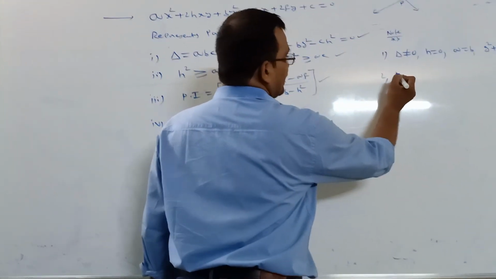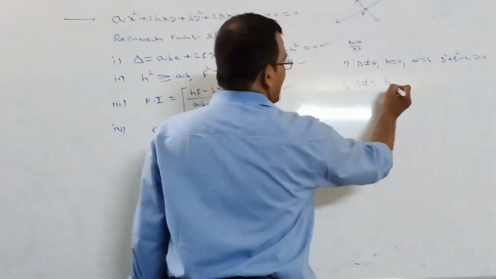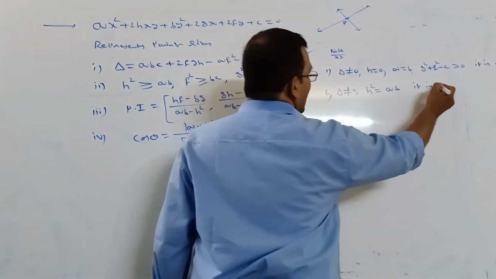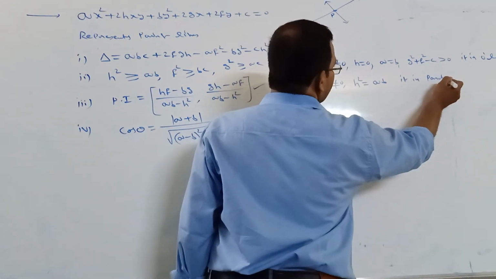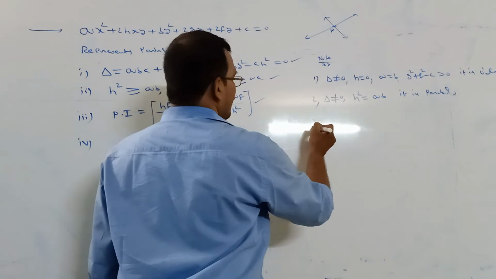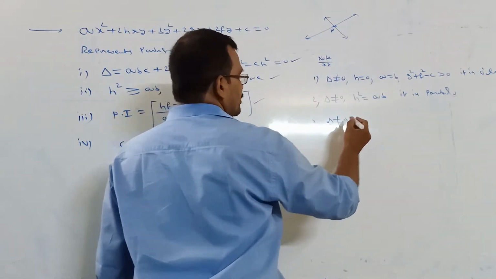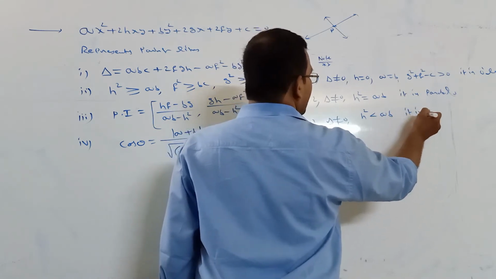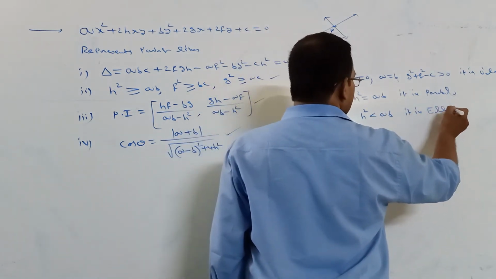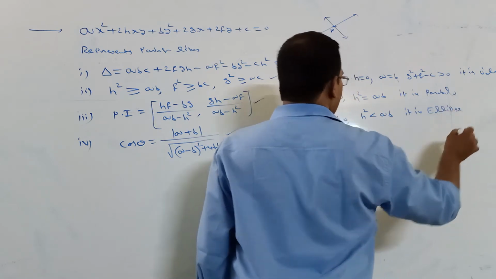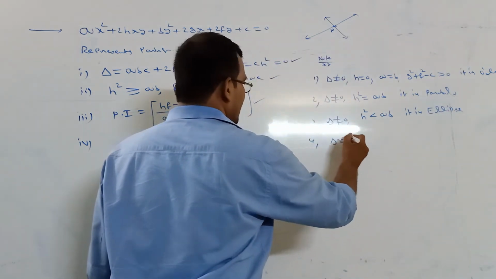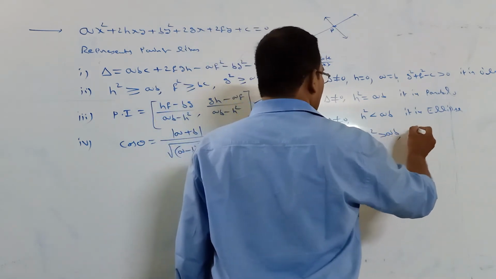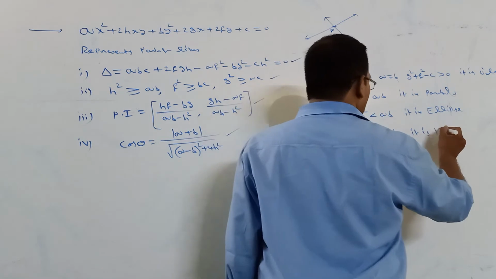Next, delta not equal to 0, h square equal to ab, it is a parabola. Next, delta not equal to 0, h square less than ab, it is an ellipse. Next, delta not equal to 0, h square greater than ab, it is a hyperbola.